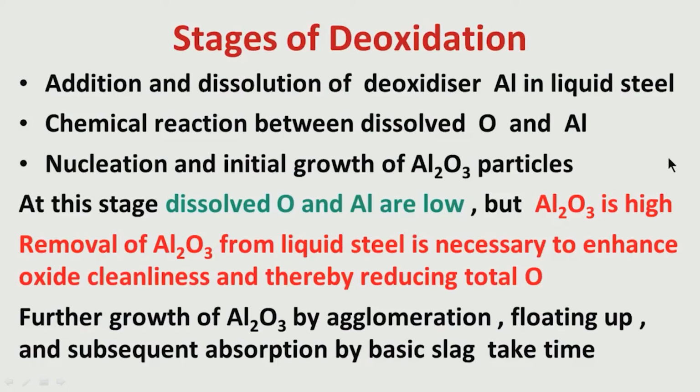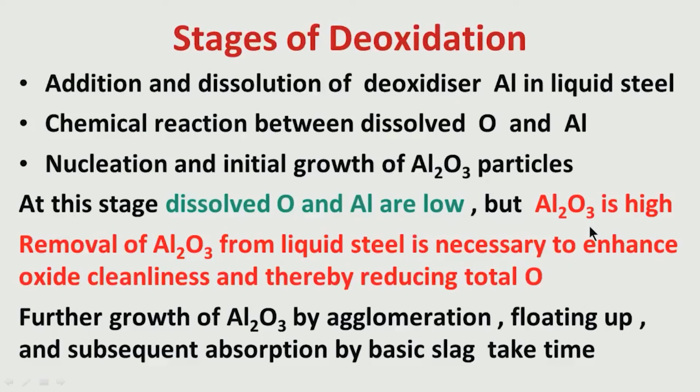The dissolved oxygen and dissolved aluminum have come down because of the reaction, but the product alumina is initially in the liquid steel, they have nucleated, they have slightly grown to some extent, but this amount is very high. So, from the cleanliness point of view, we have taken care of dissolved oxygen by using aluminum, but there is alumina still in liquid steel, which is the alumina particles, the deoxidation product.